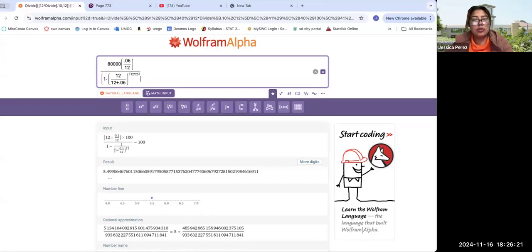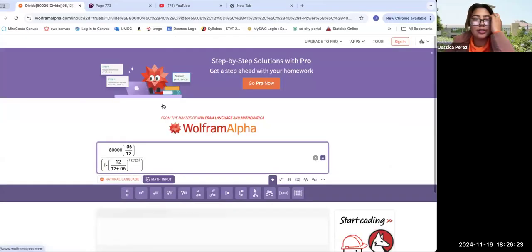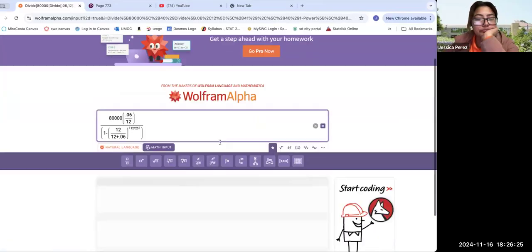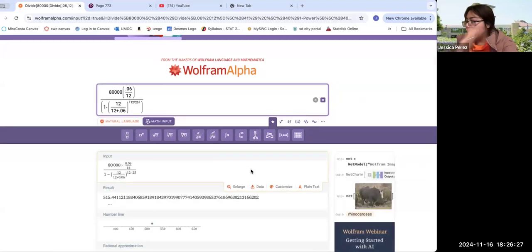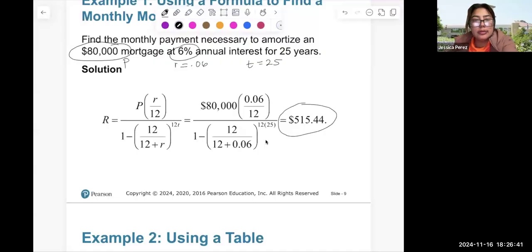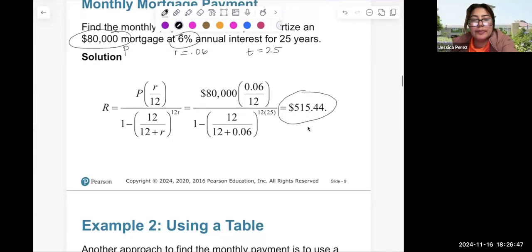Then I close the parentheses and hit enter. That gives me 515.44, which is exactly what I got when I plugged it in.